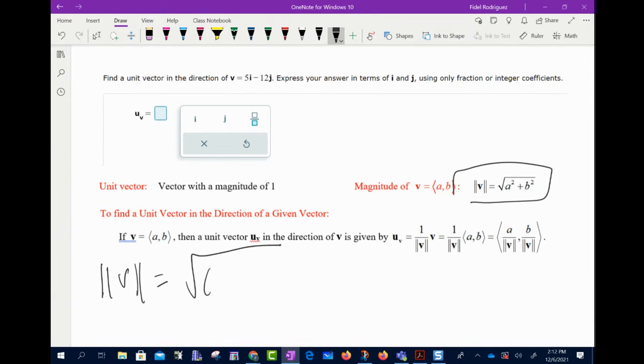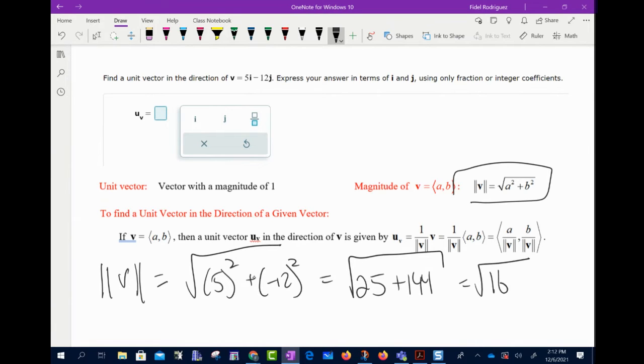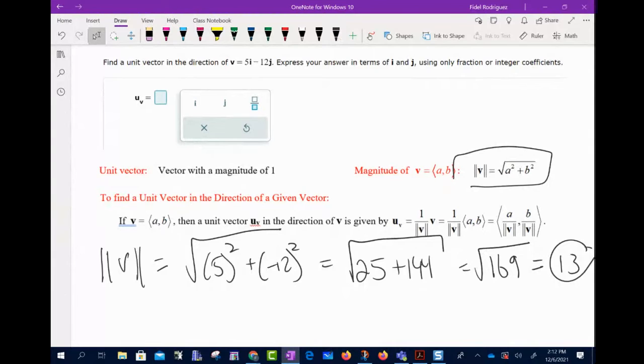So this is going to be the square root of 5 squared plus negative 12 squared. So that's 25 plus 144, which is 169. Anybody know the square root of 169? 13. Okay. So there is the magnitude of the vector v.